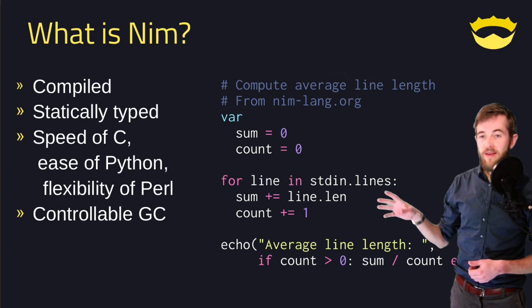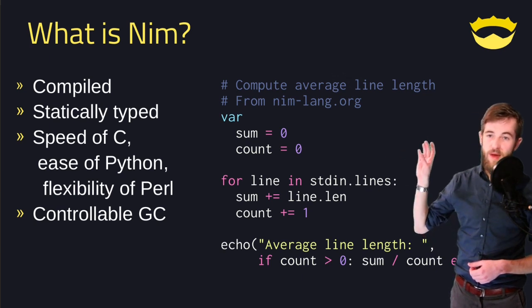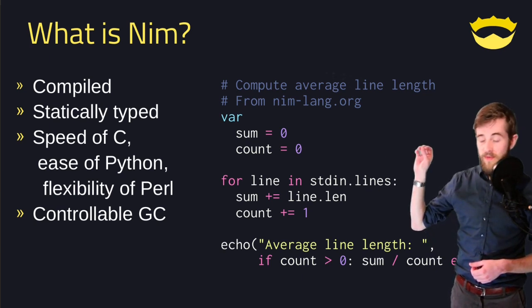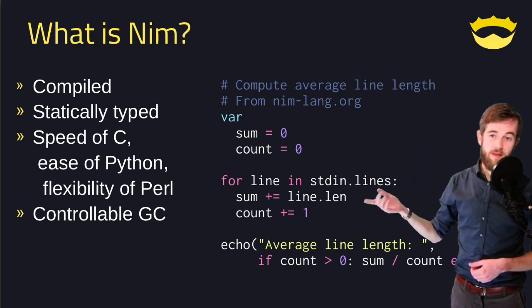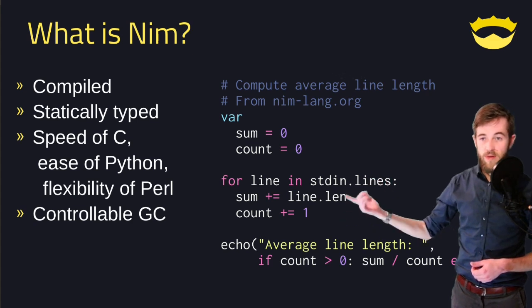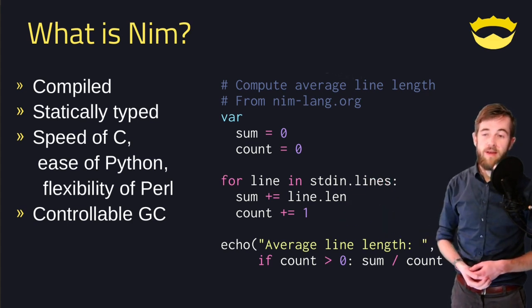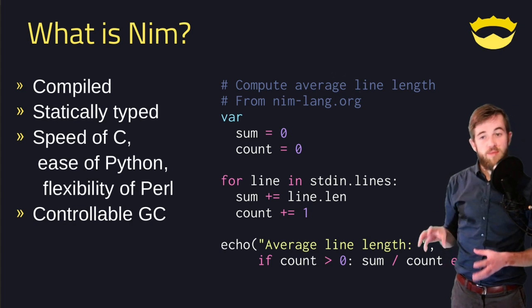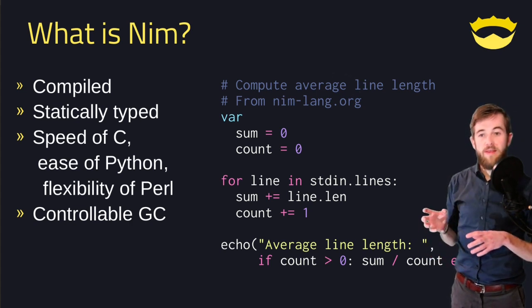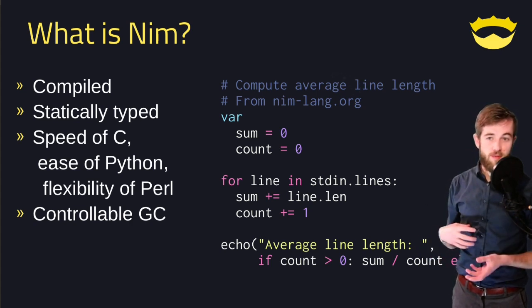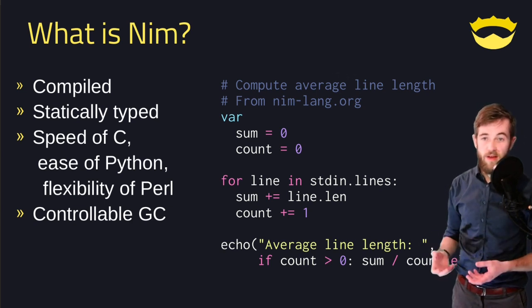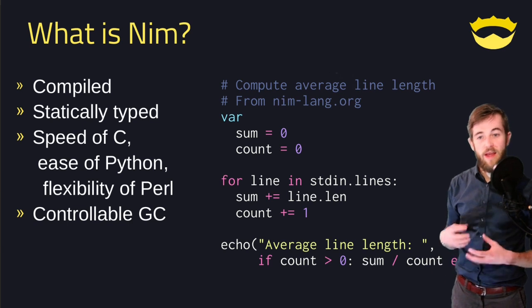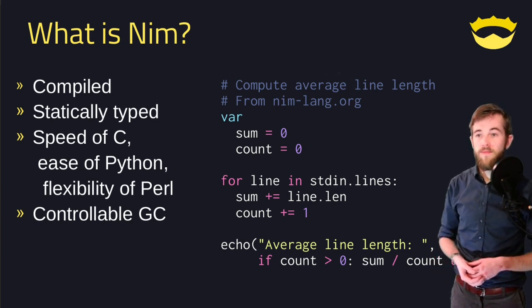It might not look like that from this example because it also has implicit types. So it sees that these are zeros, that's a number, lines, that's strings, so it knows that line here is a string. The type system is a lot more strict than C or C++, and we also have generic types and a lot of stuff like that.